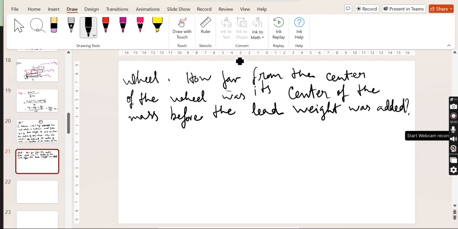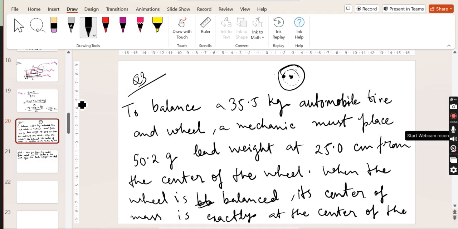So it was asked that before placing the lead ball, where is its center of mass?